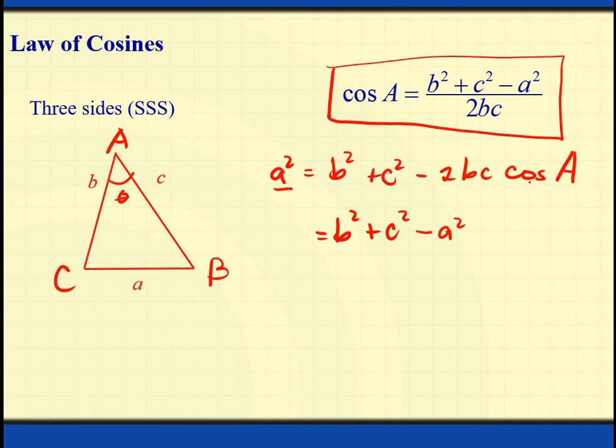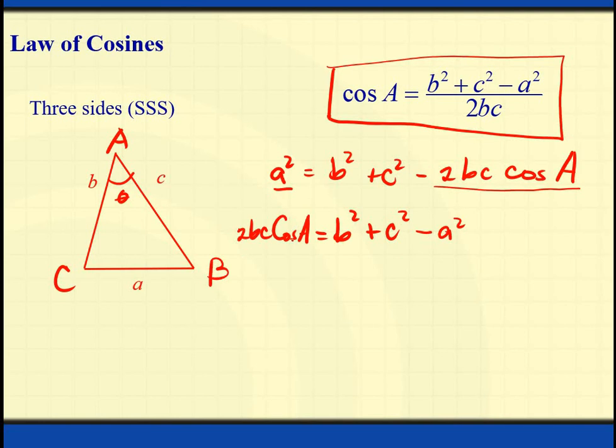I need cosine A. I need the angle. Therefore, I will transfer this on the other side. That would be 2BC cosine A. This is now positive because this one is negative here. I transferred it on the other side. It became positive. This A squared, I transferred this on the other side. It became negative.